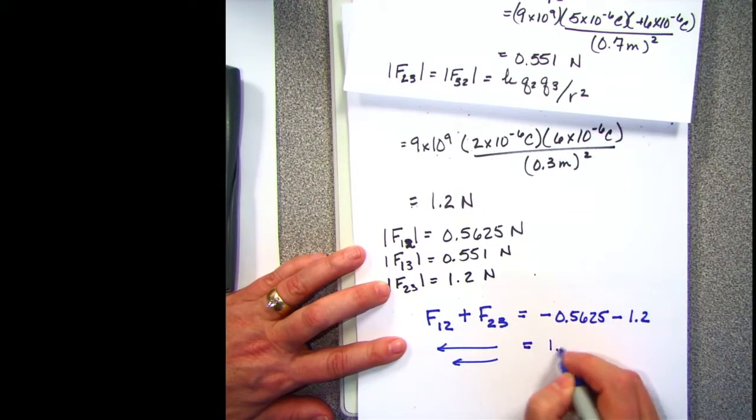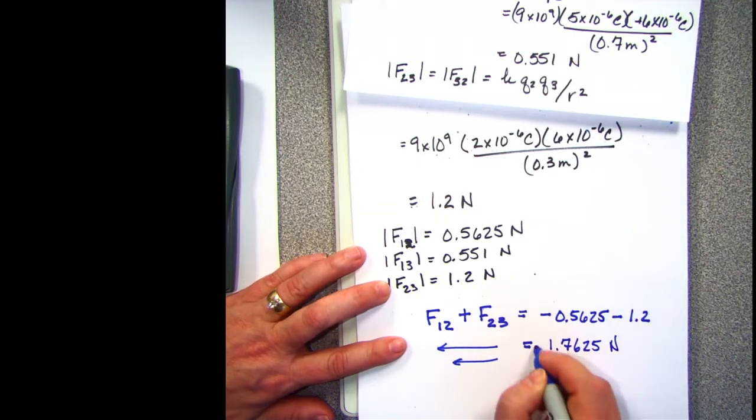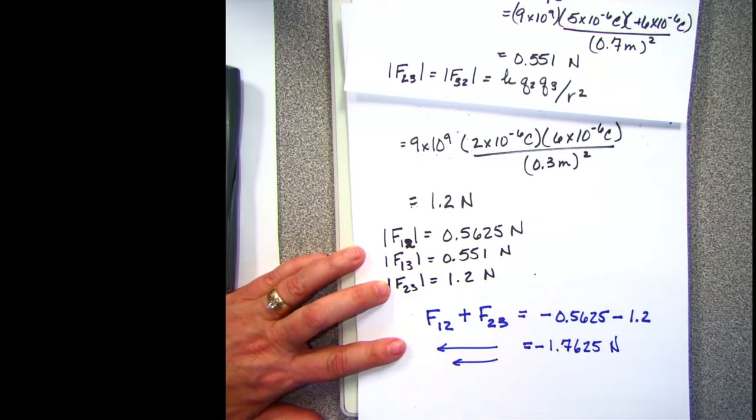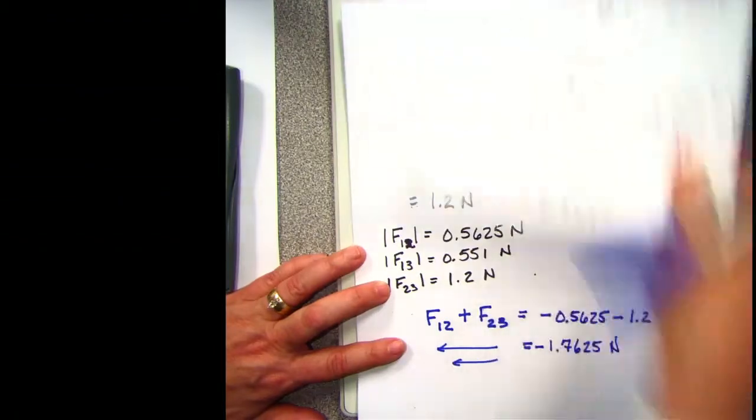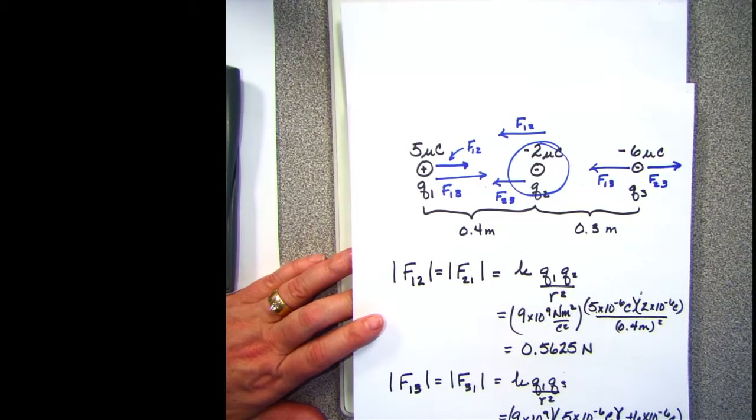So this gives me a negative 1.7625 Newton, and it's going to be moving to the left. So I'm using the superposition principle to help me look at the forces.